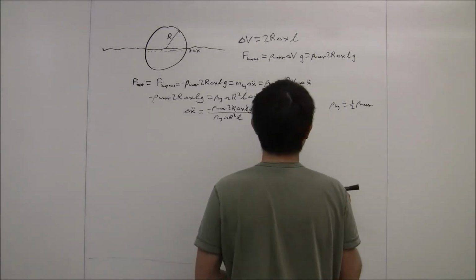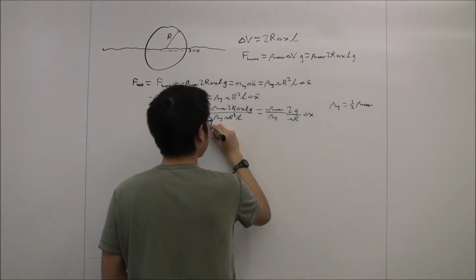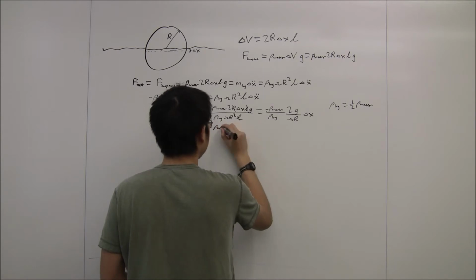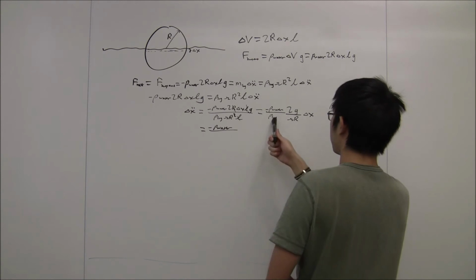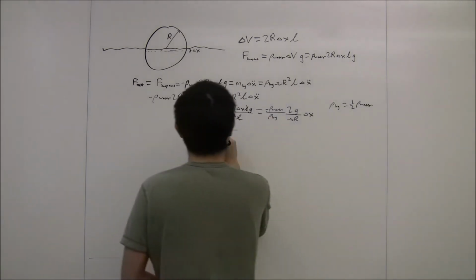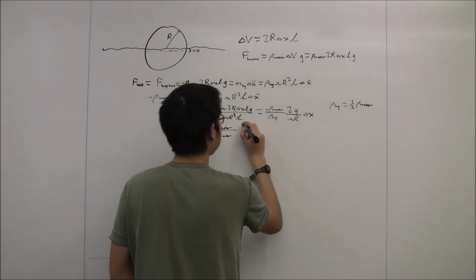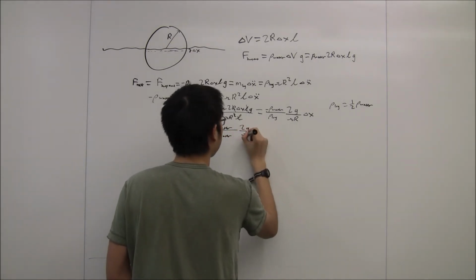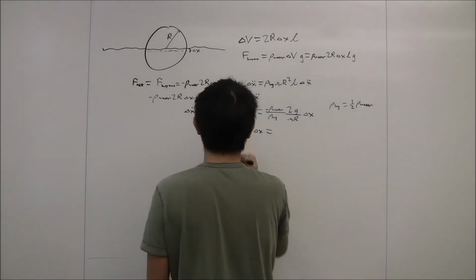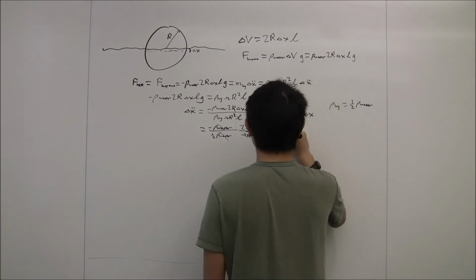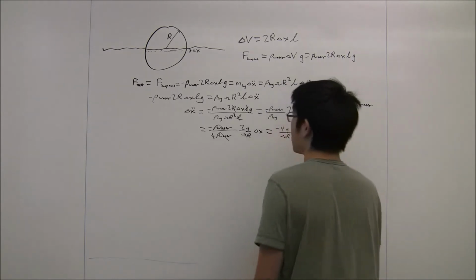So this means that delta x double dot is equal to negative rho water over, and if we plug in for the density of the log, you get half rho water times 2g over pi R delta x, which simplifies to negative 4g over pi big R delta x.